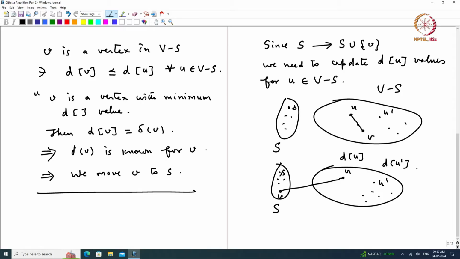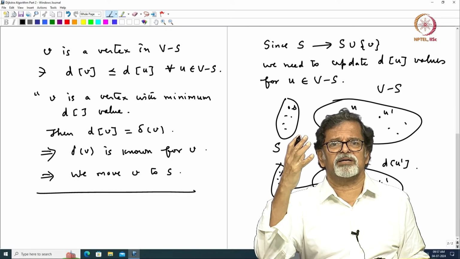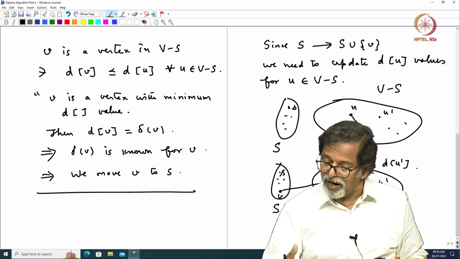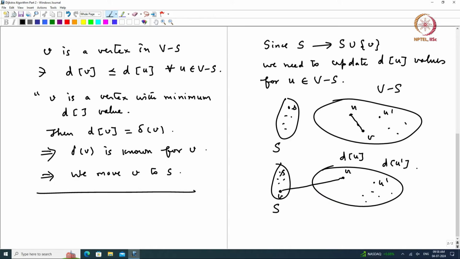It is the minimum weight among all these special path weights. By moving V, no new special paths are created for U dash. The same set of special paths continue to be there here, because adding V is not creating any special path for U dash. However, for U a new special path is created, that is because V has come here. Now, S to V you have a special path, you have moved V also here. So, that path has become a special path to U now.